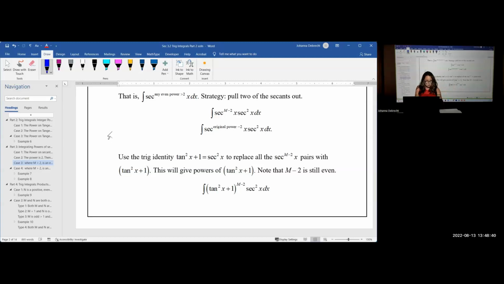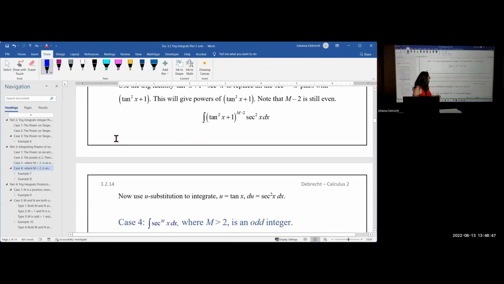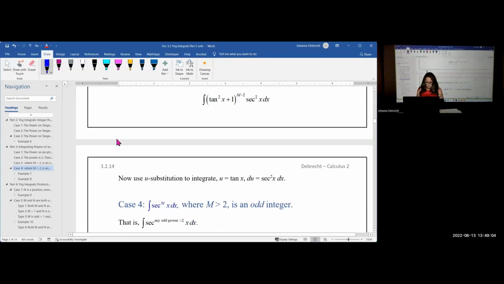So we've reduced this into something where we can now use u substitution. Our u becomes tangent of x, and our du is secant squared of x dx. So this becomes u squared plus 1 to some even power times du. All right? Now, that one is very similar to what we saw before.